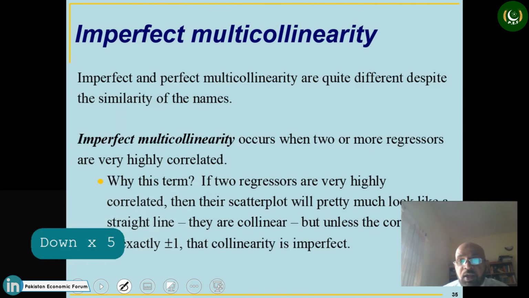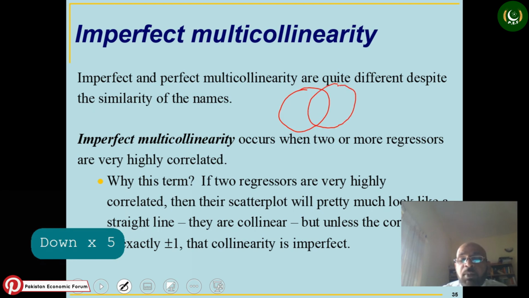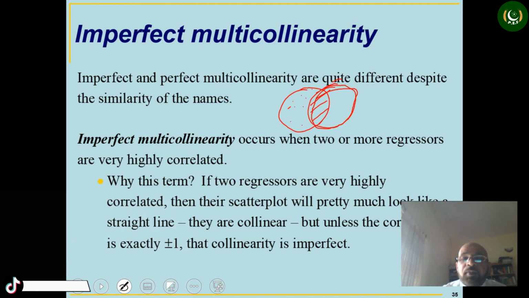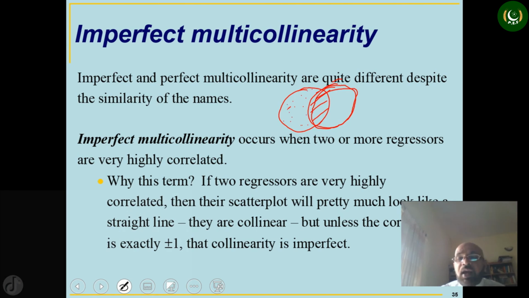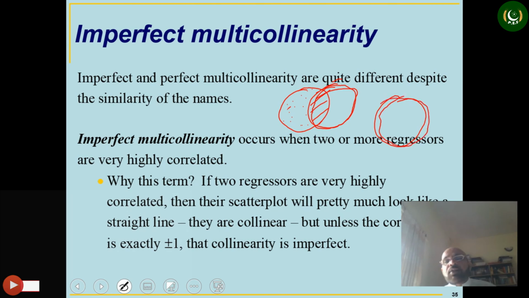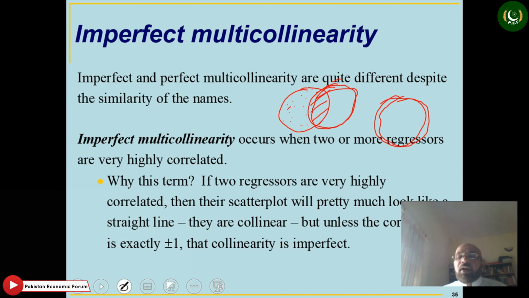Therefore, as I mentioned, x1 and x2 should not be highly correlated. If we have this one and this one is shared common portion, so we exclude x2 here, so this whole circle is excluded, and this is effect of x1 on y. But if they are highly correlated, then when x2 is excluded, basically x1 is left with very small part.